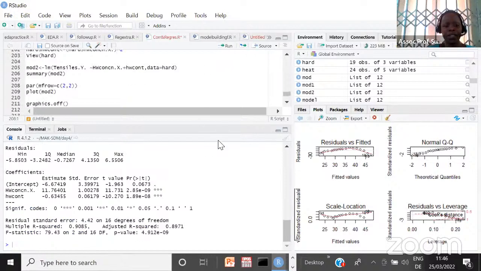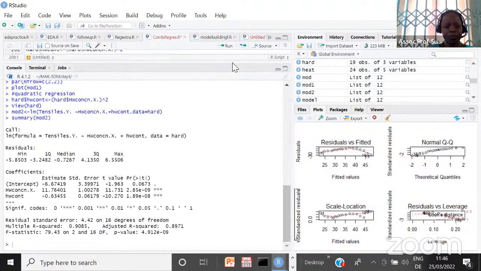Now let's concentrate on the console. The console is showing us that there's a significant linear relationship between tensile strength and hardwood, as well as tensile strength and hardwood concentration squared. You can see the p-values are all smaller than 0.05.